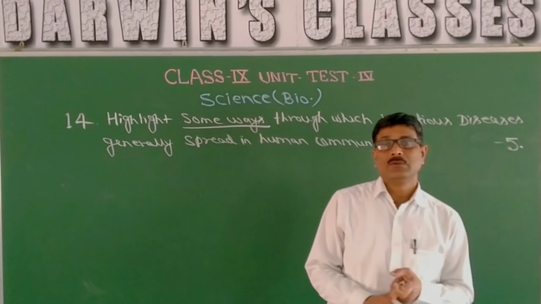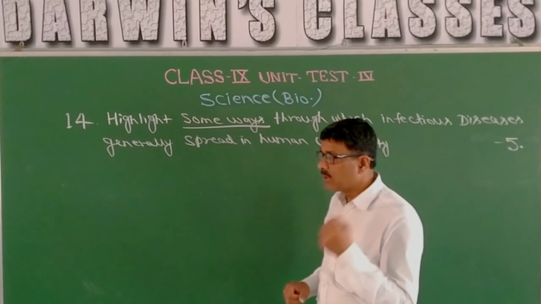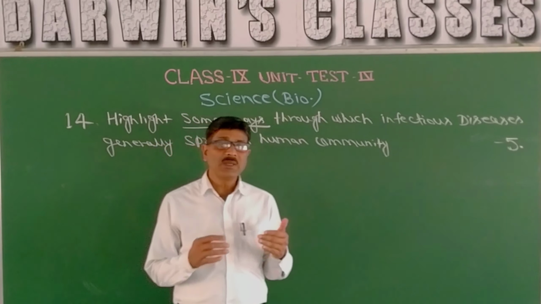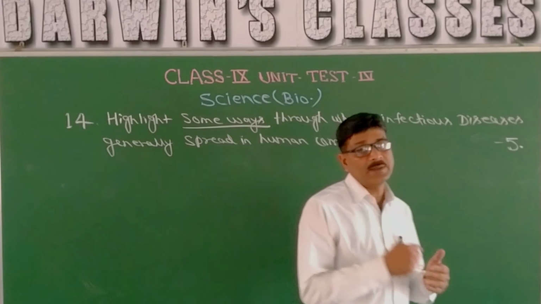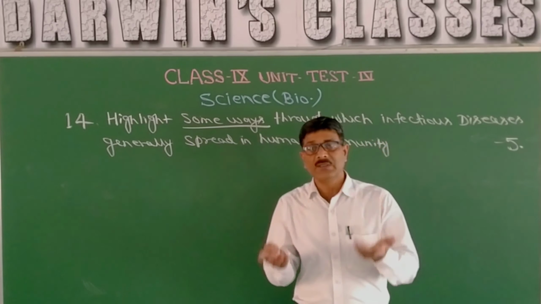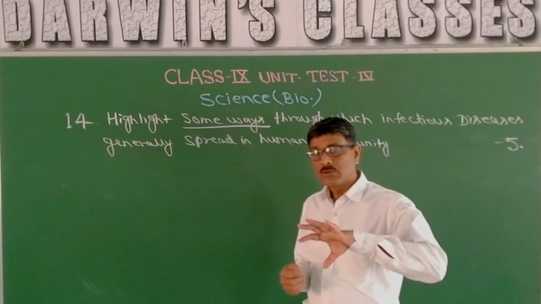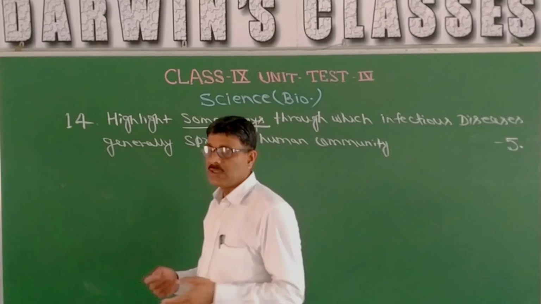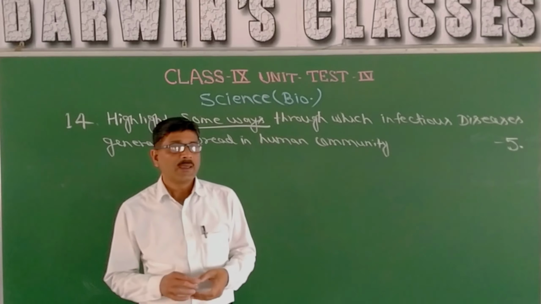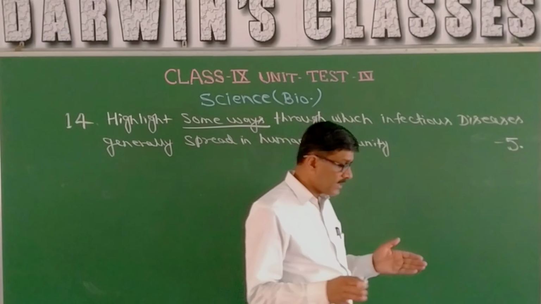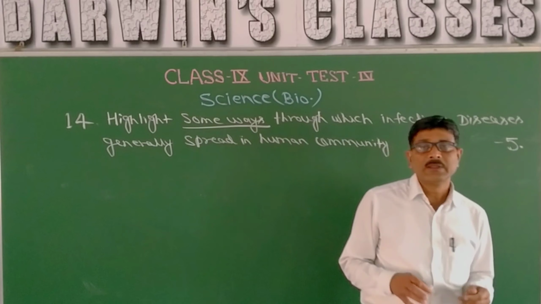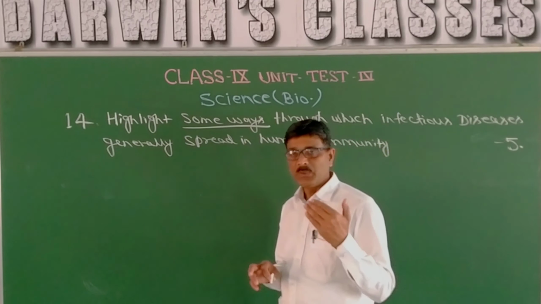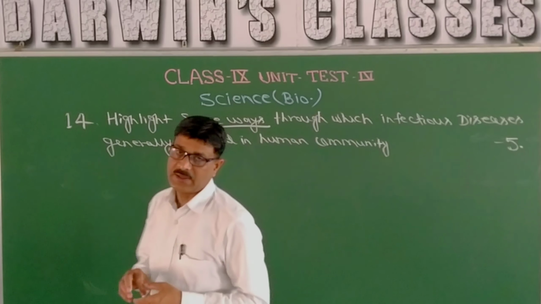The persons who are sufferers of the common cold, the flu, the tuberculosis, these are the diseases which are being spread through contaminated air, because the person will sneeze, cough, speak, then along with the droplets that will spread into the vicinity, into the surrounding air. And if healthy persons are inhaling the same air, they will be sufferers. So through contaminated air.